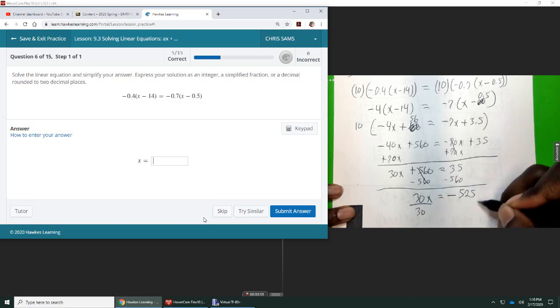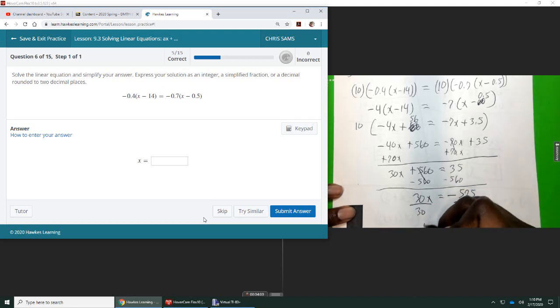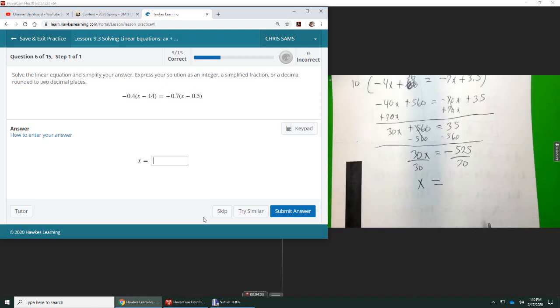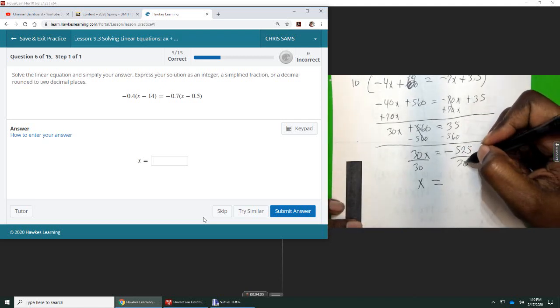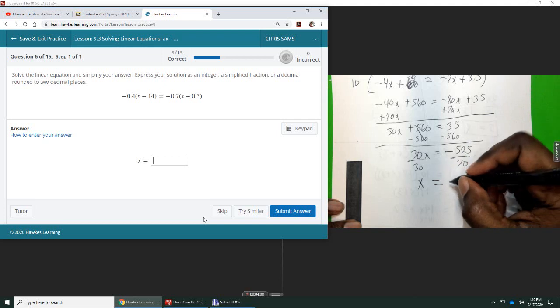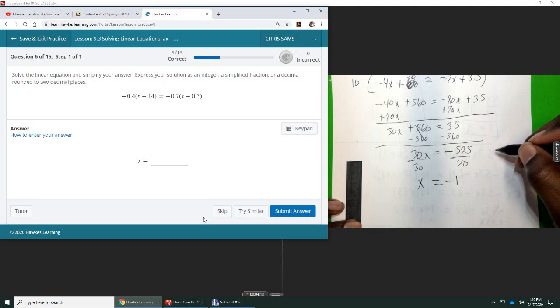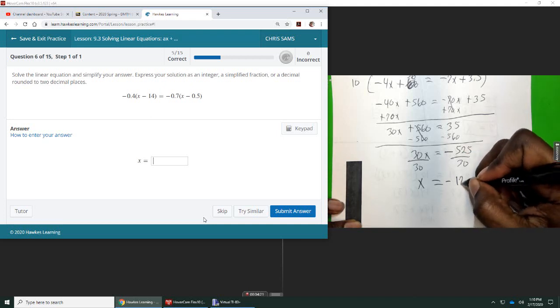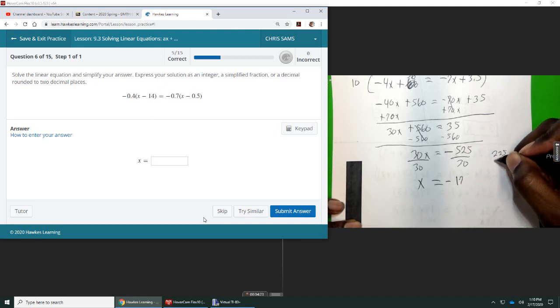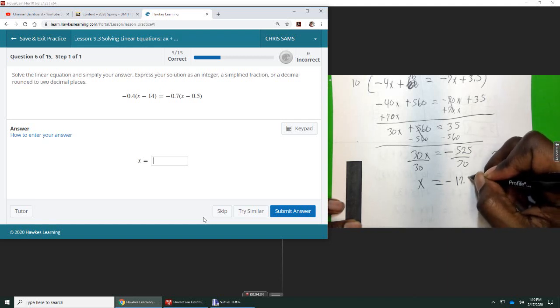Then divide by 30, and we get that x equals, and 30 will go into 52 one time, negative, and then 225 left, and 30 will go into 225 7 times, which will give us 210. And we'll bring down 15, so it'll give us a 0.5.